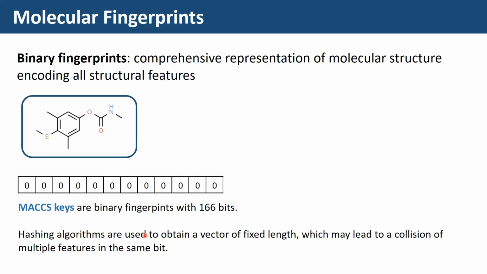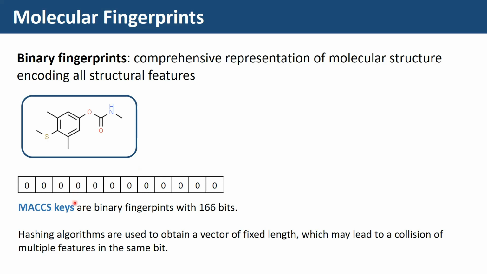These bits encode the presence or absence of structural features in a chemical. So for each chemical, you can easily get it with software. This is an in-silico calculation. You input the structure as a SMILES string in a software, and you get this vector.